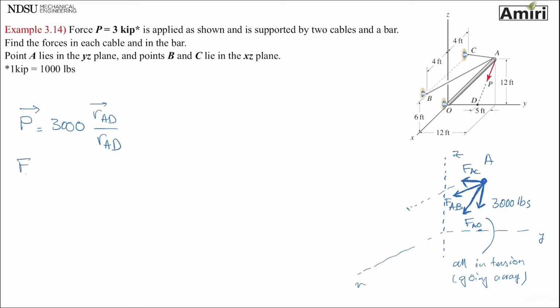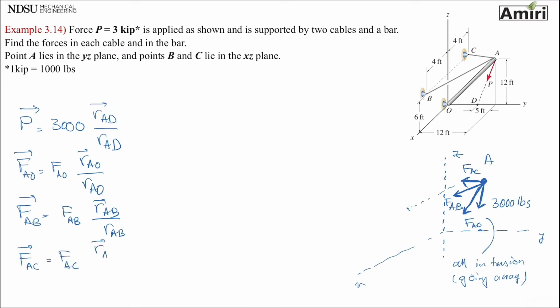Then I have force AO, which is magnitude of AO, position vector AO over magnitude of AO. I have force AB, magnitude AB, position vector AB divided by its magnitude. And lastly, I have FAC, position vector AC over magnitude of AC. I have a lot of position vectors.